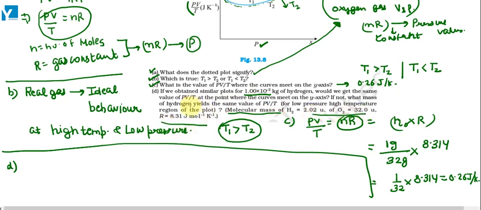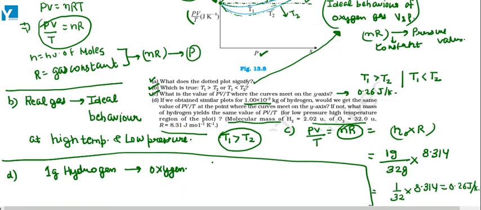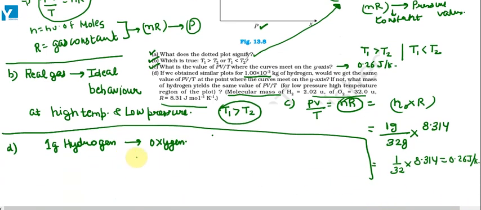So question is simply it is asked that अगर 1 gram of hydrogen gas हो instead of oxygen, तो जिस पॉइंट पर तीनों कर्व्स मीट कर रही हैं, ऑक्सीजन के केस में कितनी वैल्यू होगी, सिंपली हाइड्रोजन के केस में कितनी वैल्यू होगी.